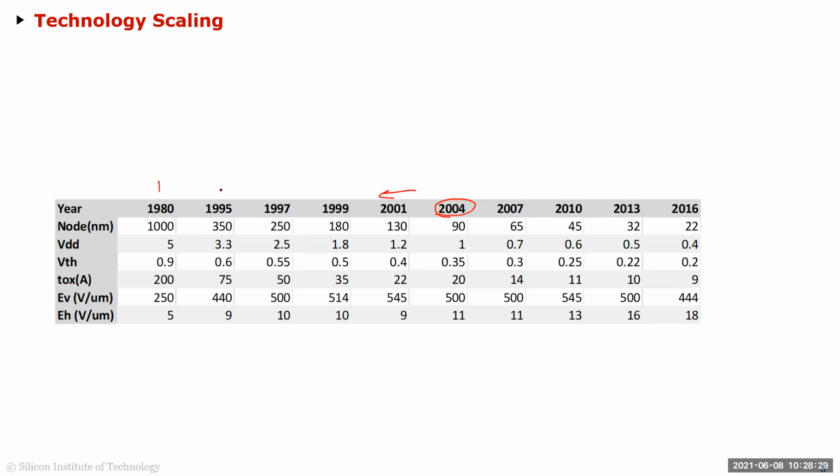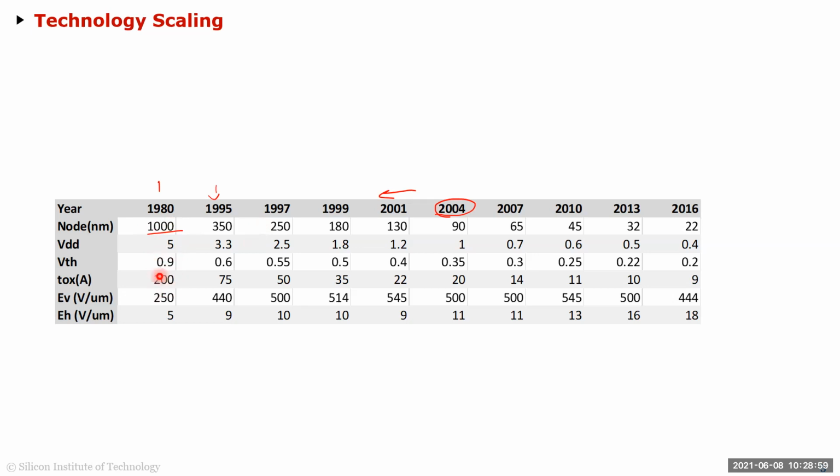So in 1995, people weren't predicting this kind of shrinking and the voltage scaling as well. It's the process guys who made it happen. For example, in 1990, you see that the node was 1 micrometer, and the VDD, the highest voltage, was 5 volts. Your VTH was in the 0.9 volt range.